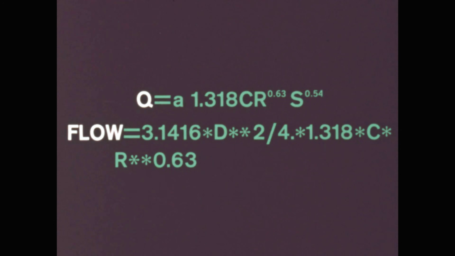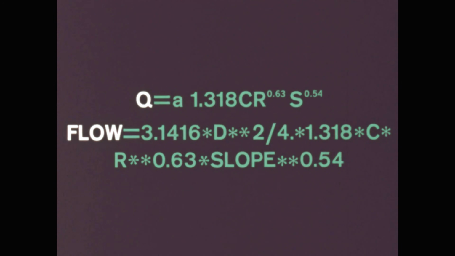You will notice the use of the double asterisk for exponentiation. We must then multiply the slope raised to the power 0.54. By defining certain operators in a specific form, in essence, we end up with a Fortran expression very similar to the basic algebraic equation.